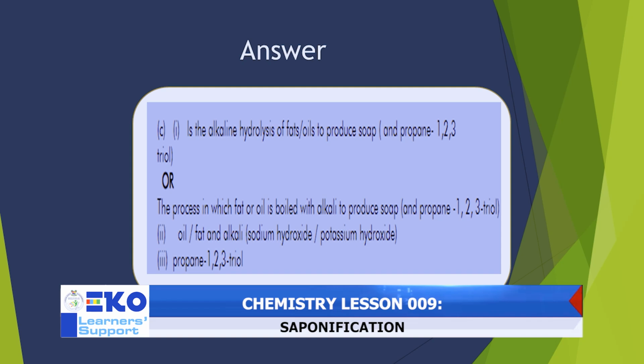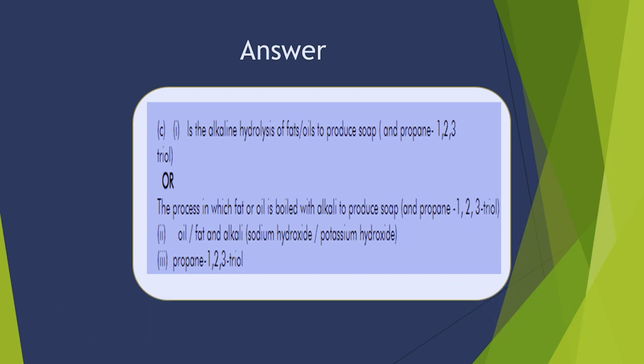Secondly, you can say it's a process in which fat or oil is boiled with alkaline to produce soap and propane 1,2,3 triol. Good. So what are the raw materials? You mention oil or fats and alkaline. So in brackets you have sodium hydroxide or potassium hydroxide to get your mark.